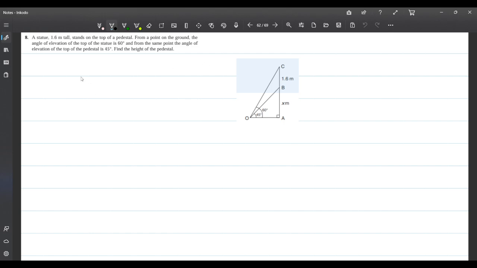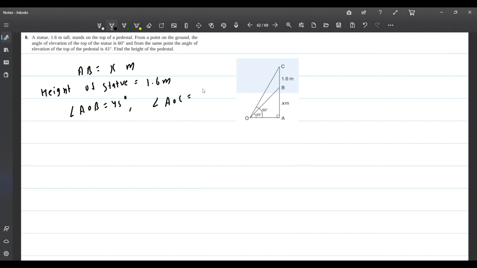So let the height of a pedestal, which is equal to AB, AB is equal to x meter, and height of a statue is equal to 1.6 meter, and angle AOB is equal to 45 degree, and angle AOC is equal to 60 degree.